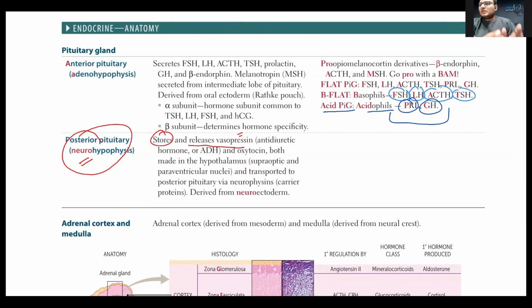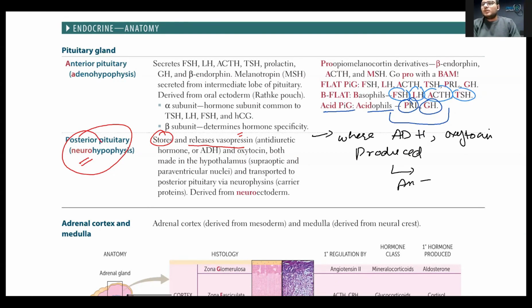So I am repeating again here, for students who have taken that MRCP lecture, the most important high yield question is that storage happens in the posterior pituitary. Production of antidiuretic hormone happens in the hypothalamus. Super high yield, I repeat: when the question asks where the ADH and the oxytocin are produced, the answer is hypothalamus.